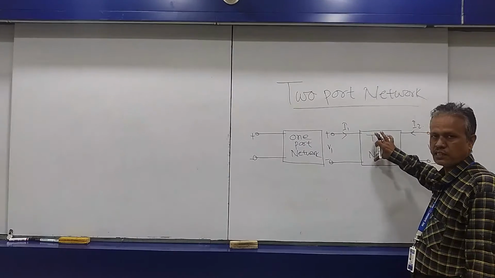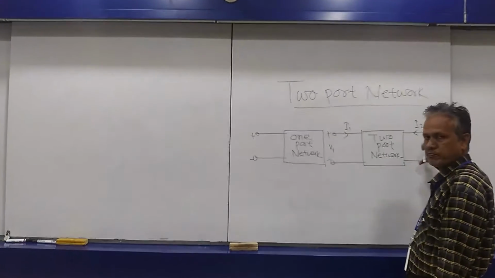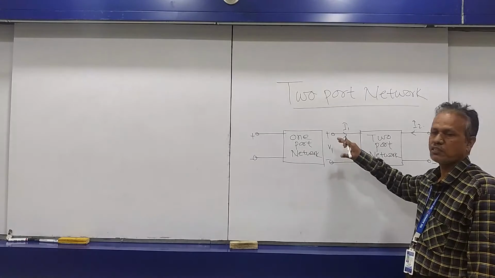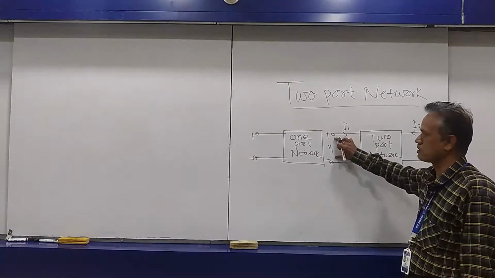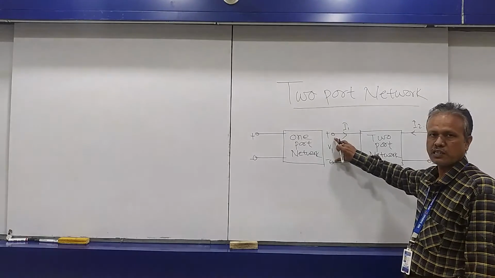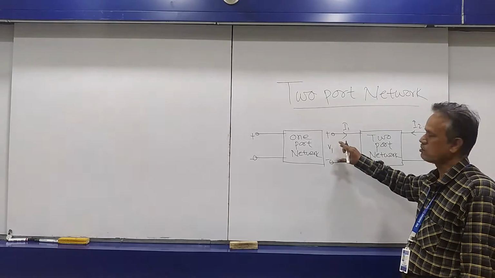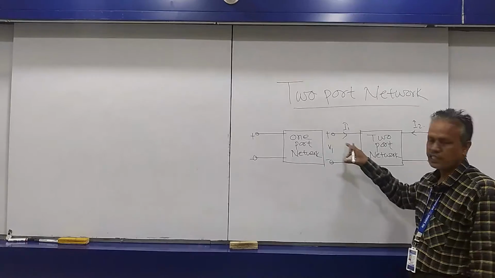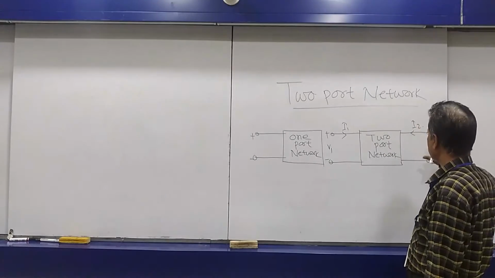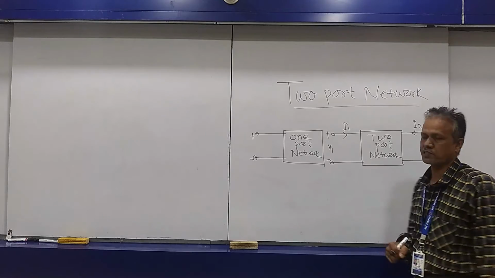So the network having two pairs of terminals: at one, that is the input terminals or the input port, the power is received and the signal is given, and at the output port the output or response is obtained.